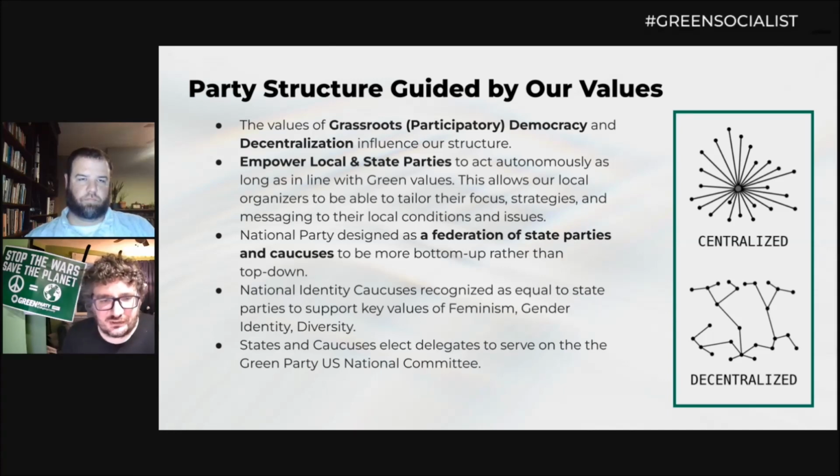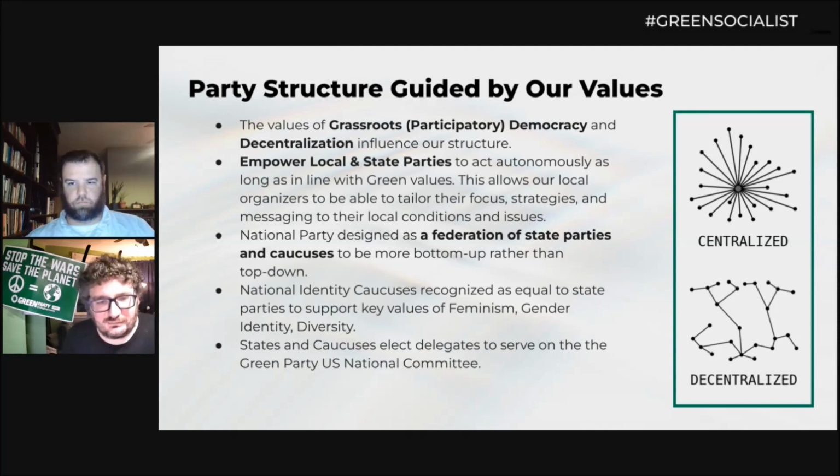And the structure of the Green Party is very different on purpose from most other parties, especially the Democratic and Republican parties, because they're based in, of course, very capitalist ideologies and mindset that's designed to keep power with the wealthy, with the folks that have been in the party a long time and all that stuff, right?